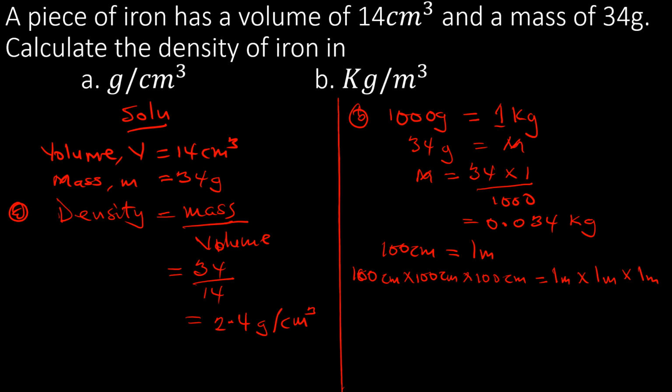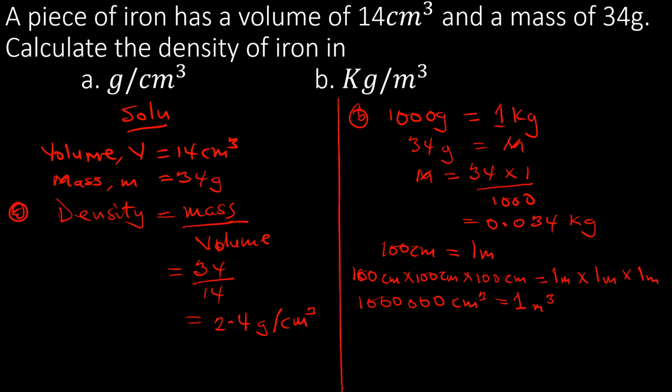So 100 times 100 times 100 gives us 1 million cm³, which is equal to 1 times 1 times 1, which gives us 1 m³. So this means that 1 million cm³ is 1 m³.